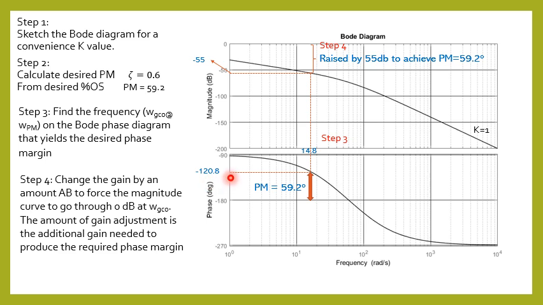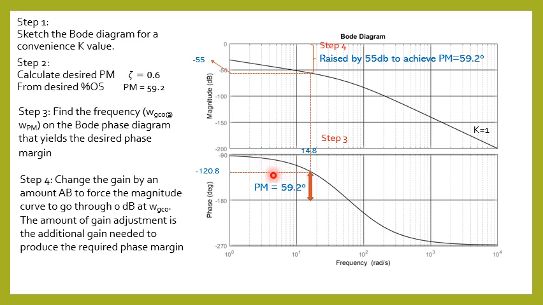So draw a line at that phase, and you will get the frequency to be 14.8 radian per second. So this will be the frequency that we want to find in step 3, because at this frequency, you will get your PM to be 59.2.